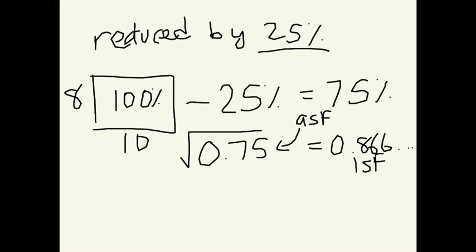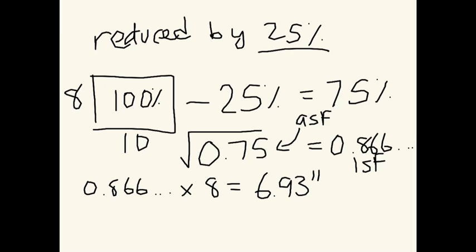And we have to determine the dimensions to the nearest hundredth of an inch. So it's going to be 0.866 times 8, and that will give you 6.93 inches. Same thing again with the other side. 0.866 times 10, and that will give you about 8.66 inches.